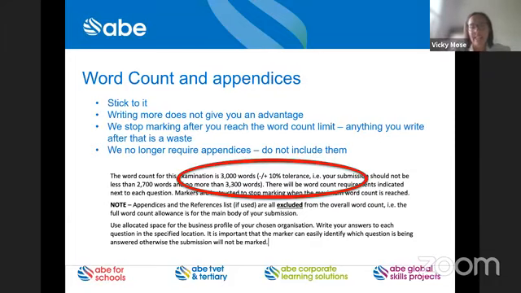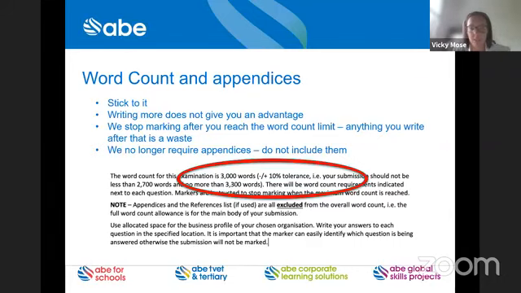If you go any less, the chances are you'll struggle to pass, or you'll only meet a pass. You won't have written enough to get the higher grades. If you go on and on and present 5,000 words, the marker will stop marking at 3,000. So even if you've written some really excellent stuff in the other 2,000 words, it won't get read and it won't get marked.